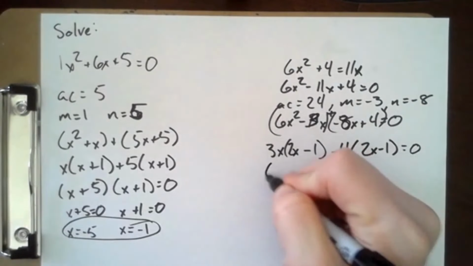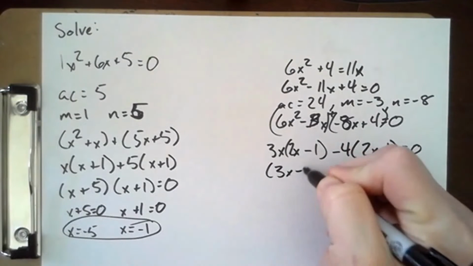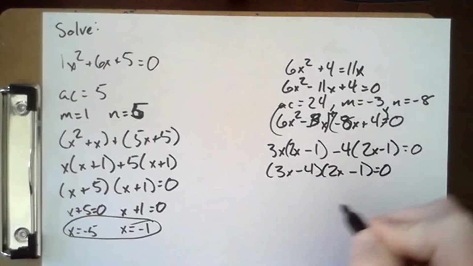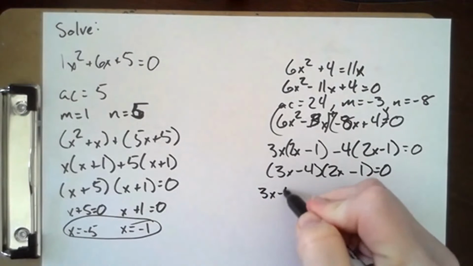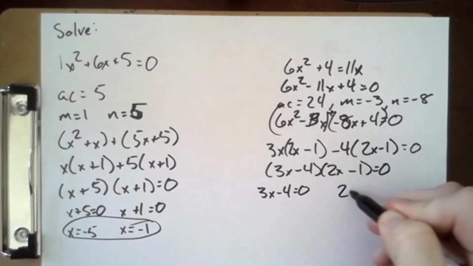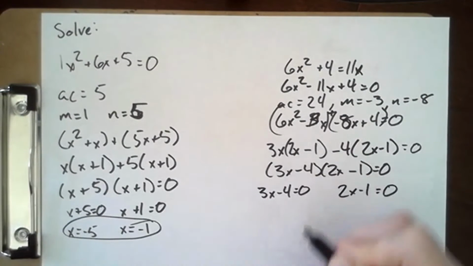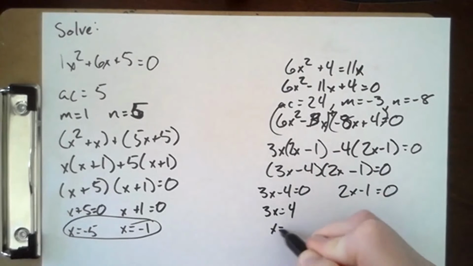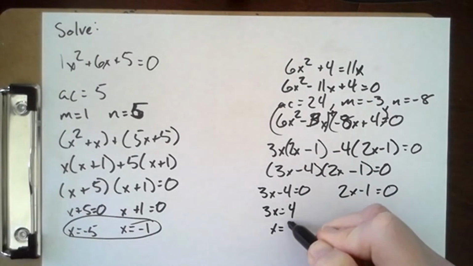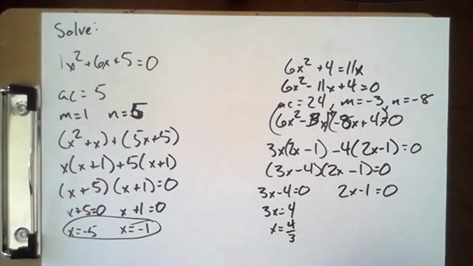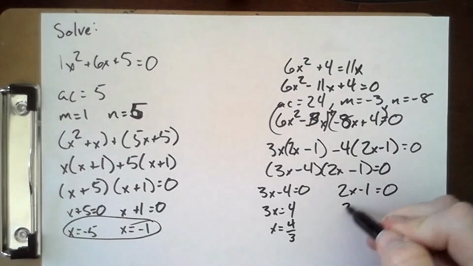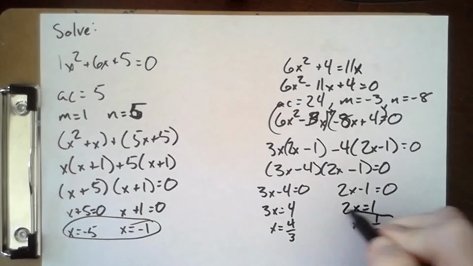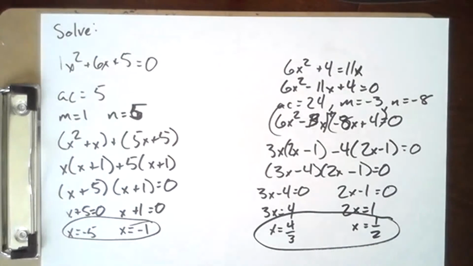It's all equal to 0, so this is 3x minus 4 times 2x minus 1 equals 0. So either 3x minus 4 equals 0 or 2x minus 1 equals 0. If 3x minus 4 equals 0, then 3x equals 4, so x equals 4/3. If 2x minus 1 equals 0, then 2x equals 1, so x equals 1/2. There are the final solutions.